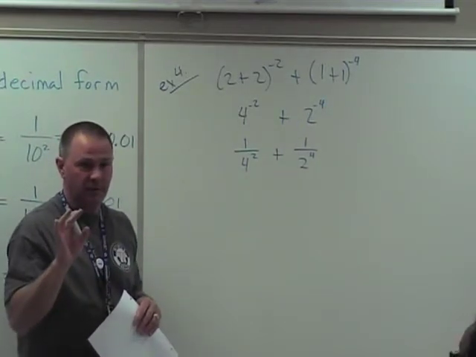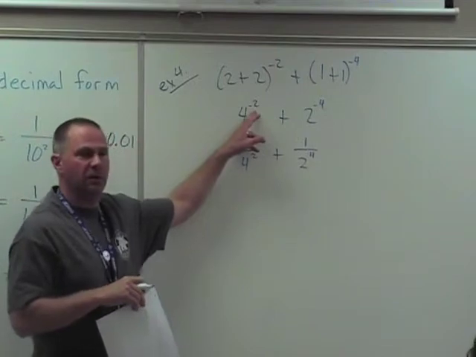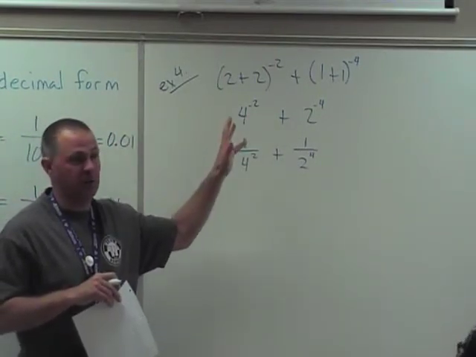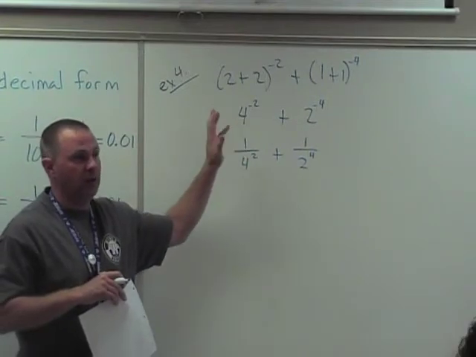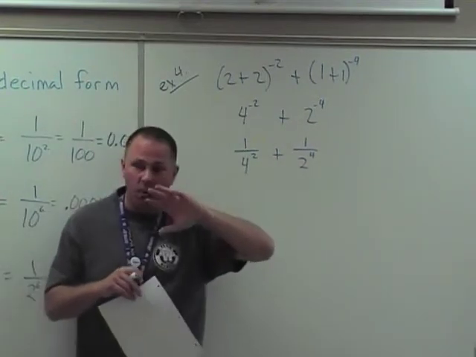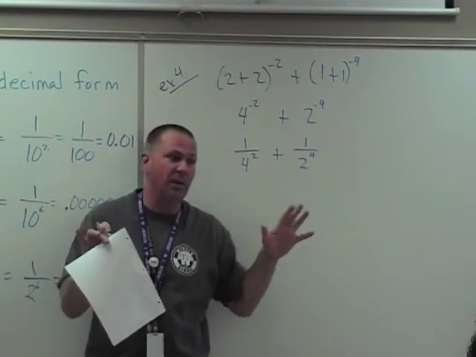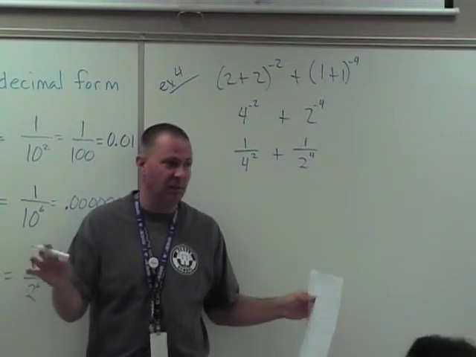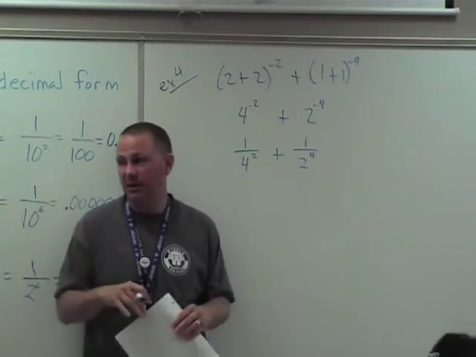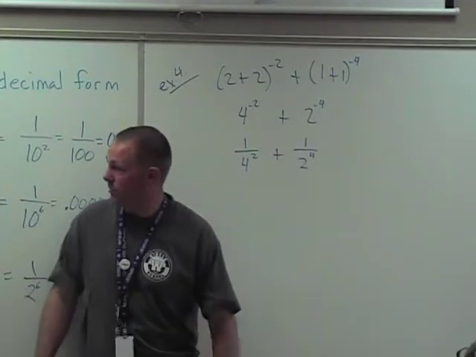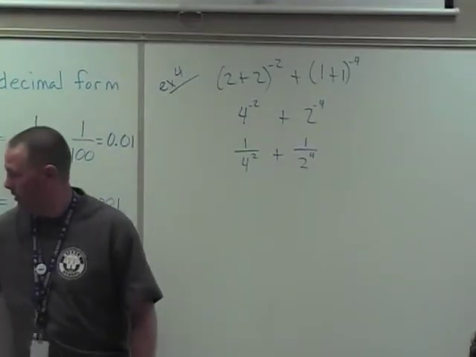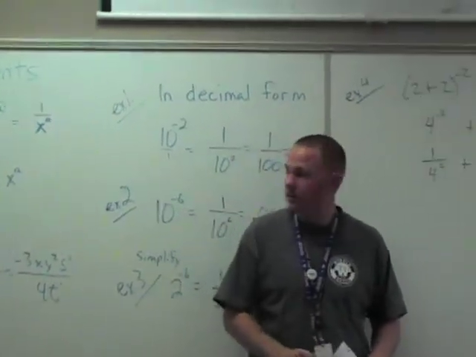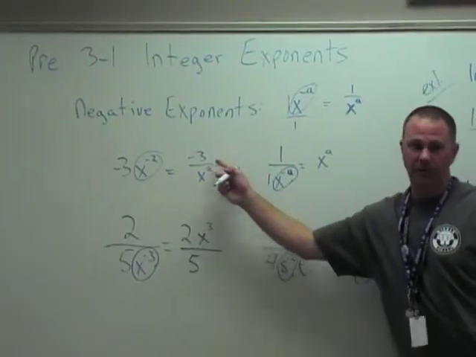Now, one thing. Everybody listen, because this is what almost 50% of all students do. The negative exponent has no bearing, no weight at all on whether or not the problem is positive or negative. It doesn't change the problem to a negative, or to a positive, okay? If the problem was negative, like this one, it stayed negative.